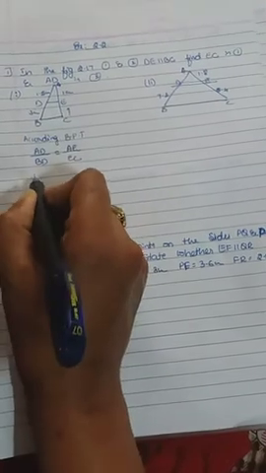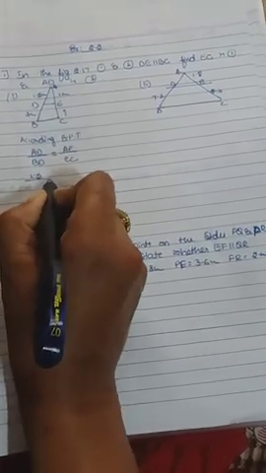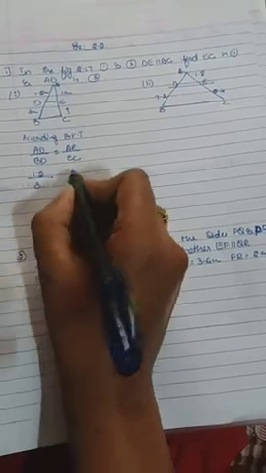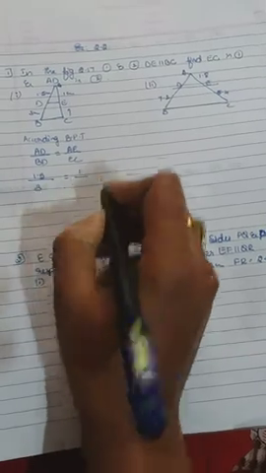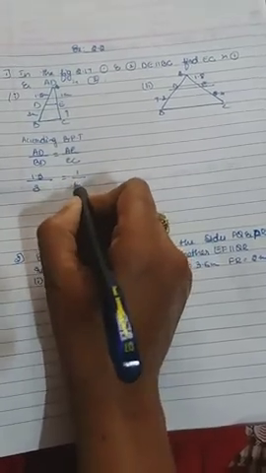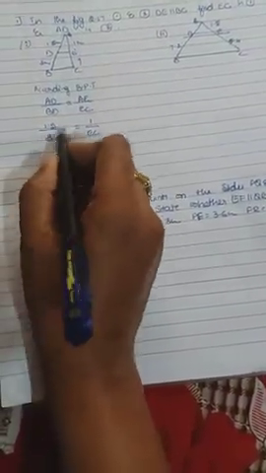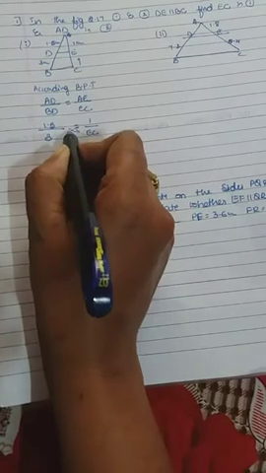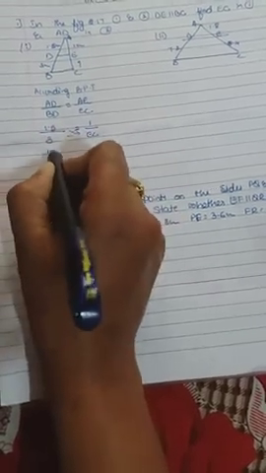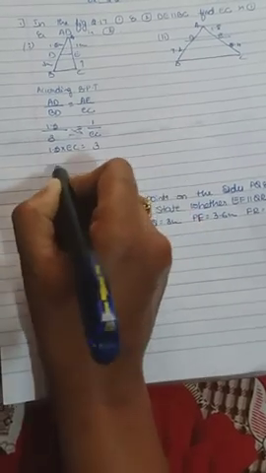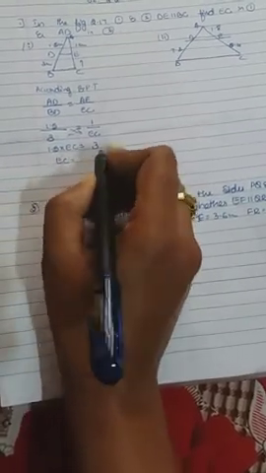AD is 1.5 divided by DB, which is 3 centimeter, equals AE, which is 1, divided by EC, which we don't know, so write it as it is. Clear? Now if we do the cross multiplication, 1.5 into EC equals 3 into 1, which is 3. So EC equals what?